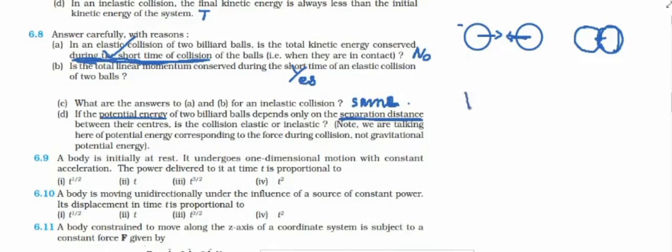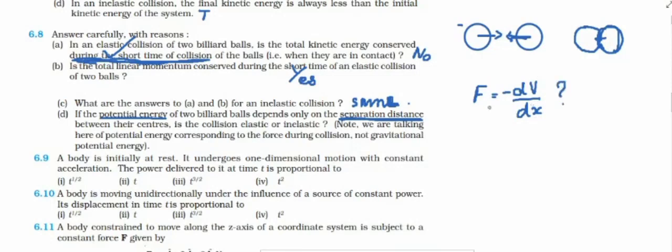Potential energy, V, this formula you have studied. Sorry, not potential energy, V. Force F is equal to minus dV by dx. You have studied this formula. In this case, potential energy depends only on distance. What does this formula represent?